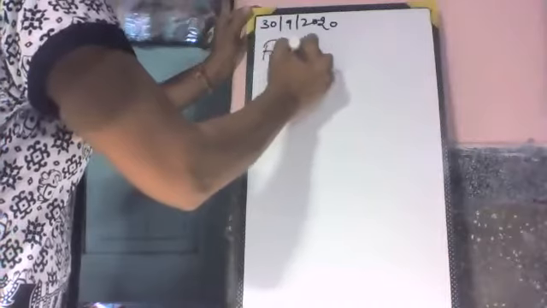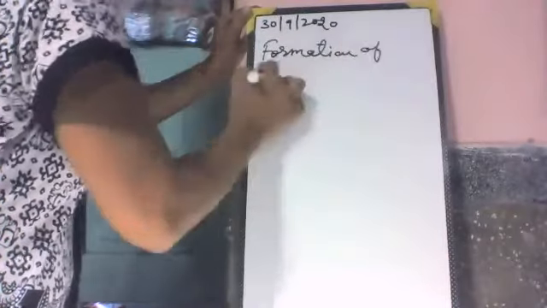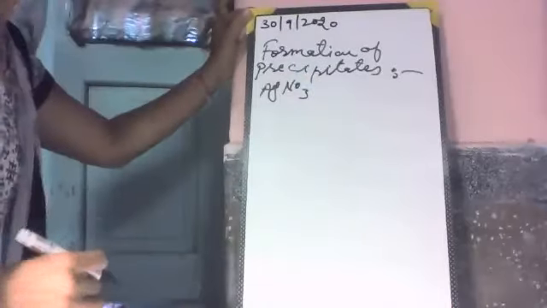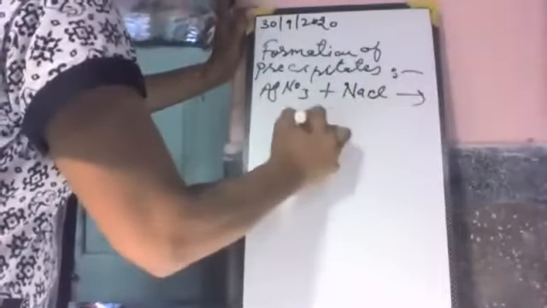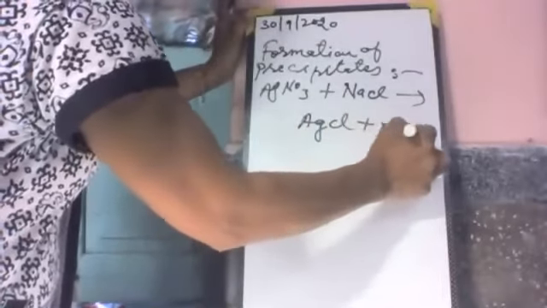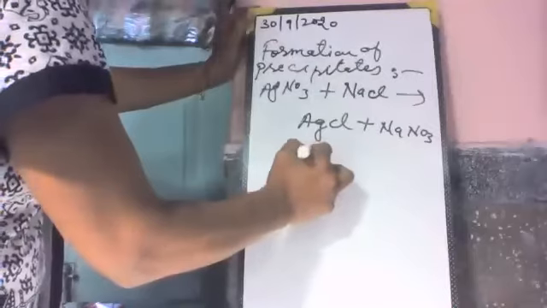Formation of precipitate. Precipitation is formed in some reactions. Have an example: when silver nitrate reacts with sodium chloride, it forms silver chloride and sodium nitrate.